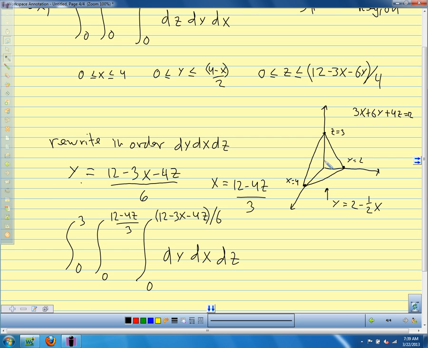Now, with triple integrals, depending on your shape, if your surface is nice, you evaluate dz first. Sometimes it's easier to switch to polar coordinates to evaluate the other two integrals, in your x and your y.